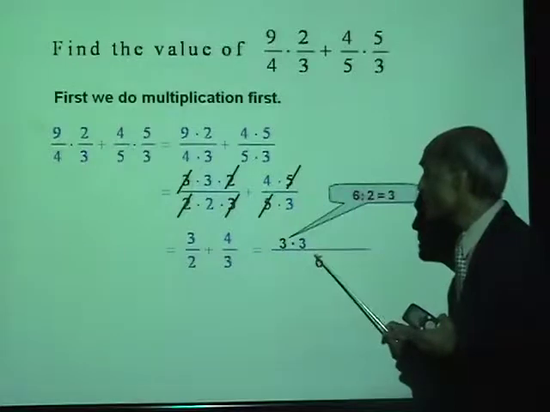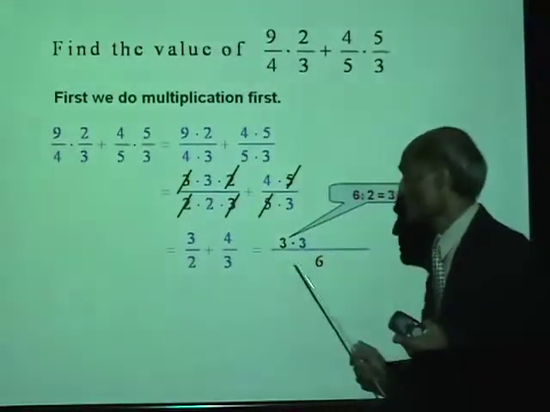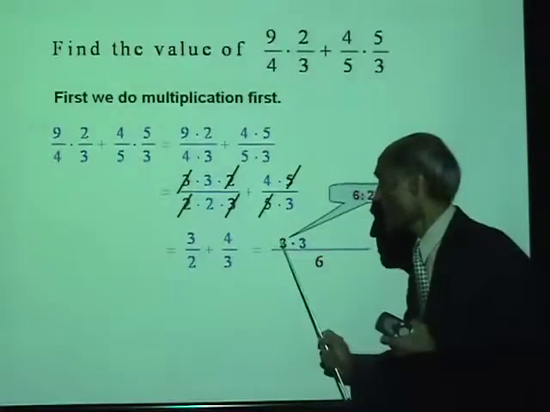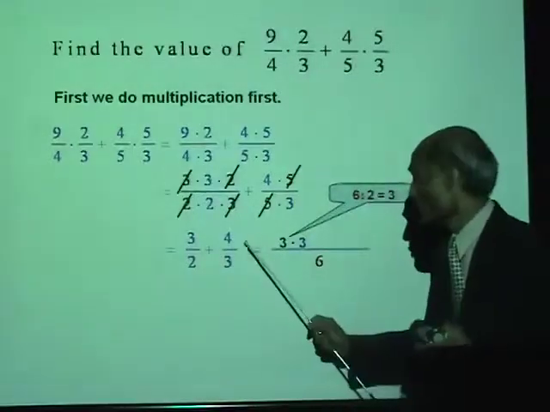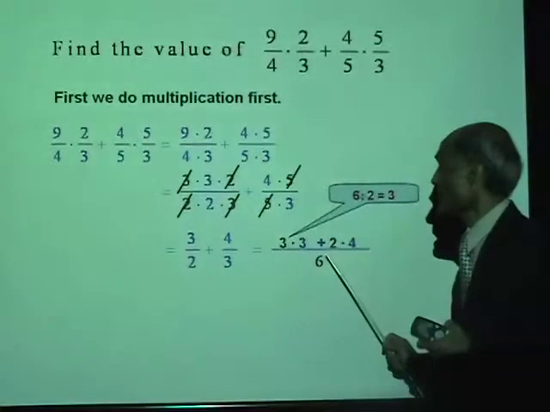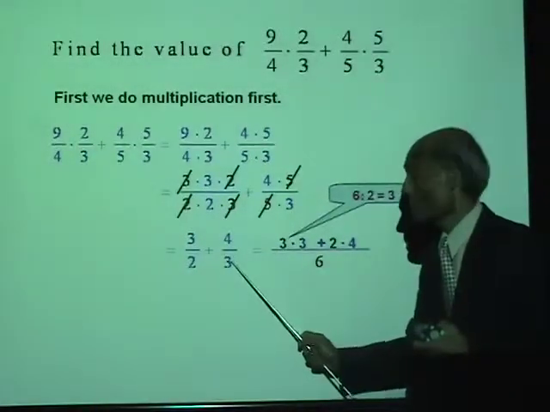That 3 is obtained by 6 divided by 2. Follow that up with the plus sign. Now 6 divided by 3 is 2.